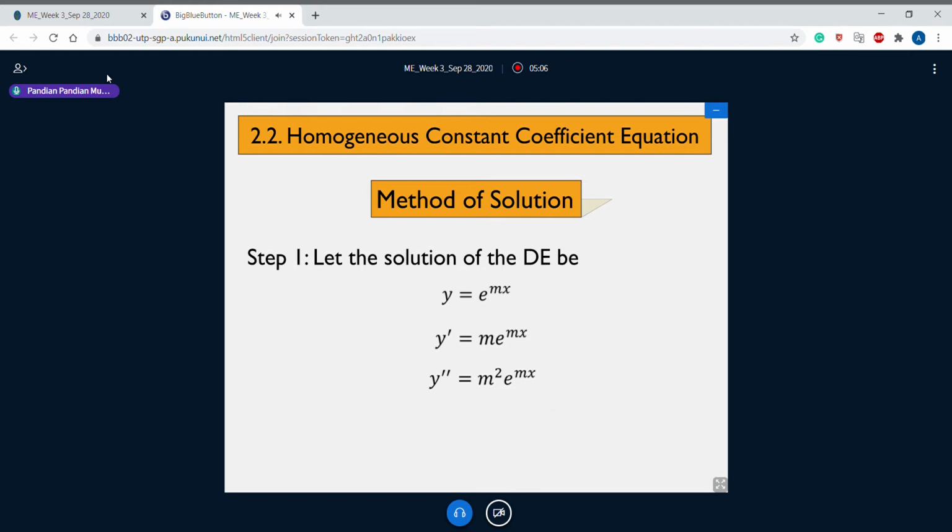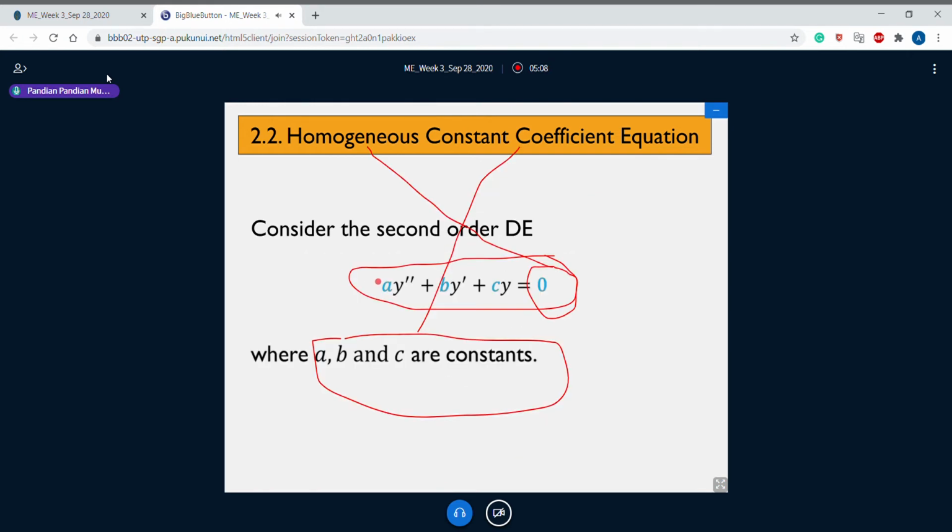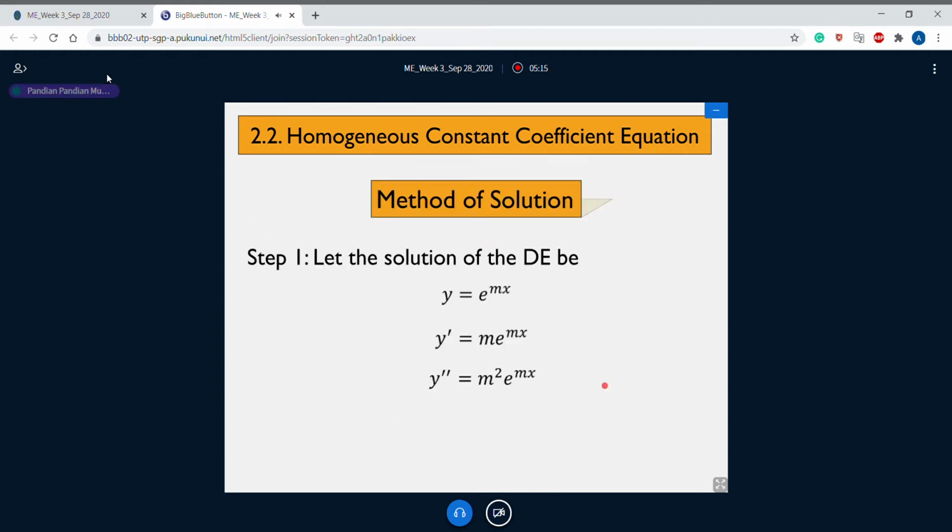So how to solve these equations? a y double dash plus b y dash plus c y equals 0. How to solve? So this comes under method of solutions. This is a little bit of theory, but you can straight away solve the problem by considering the final output of this.